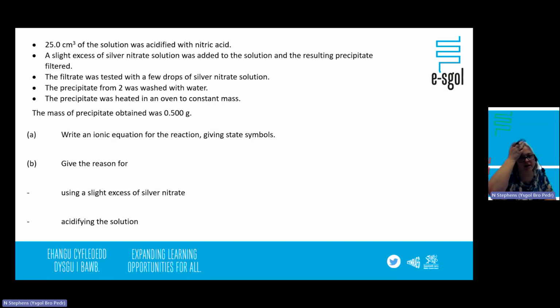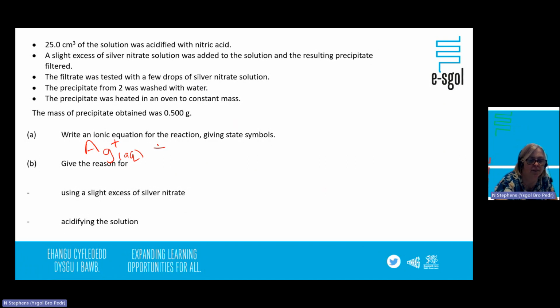Okay. So if it is, as it outlines there in the first slide, a test for a chloride concentration, and you're using silver nitrate, the expected precipitate will therefore be silver chloride. So for the ionic equation, then what they'd expect you to do is highlight silver, but please state it as aqueous.